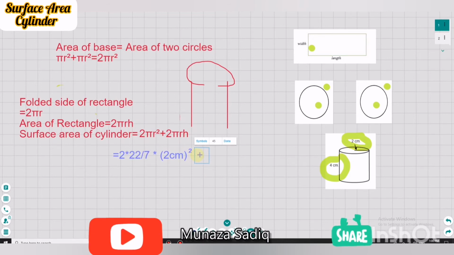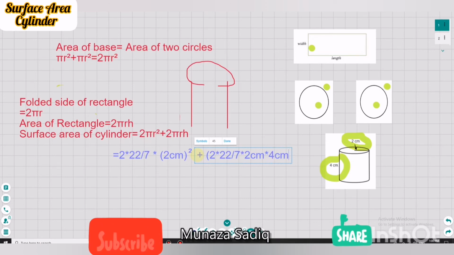Again a bracket, inside the bracket you will place all values to multiply. Multiplication sign. 2, 22 by 7, then again multiplication sign, and the r value is 2 centimeter. Be careful with units, write them with every step, and the height is 4 centimeter.